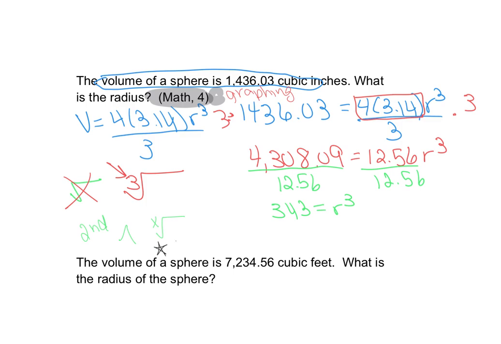We want a third root, because we want a cube root, so we're going to hit the 3 button, then the green second button, and then the caret, and what that'll do is it'll put a 3, that number you just put in there, and it'll go like this. And then you can type whatever number you want the cube root of underneath there. In this case, we want the cube root of 343, which is going to be 7.